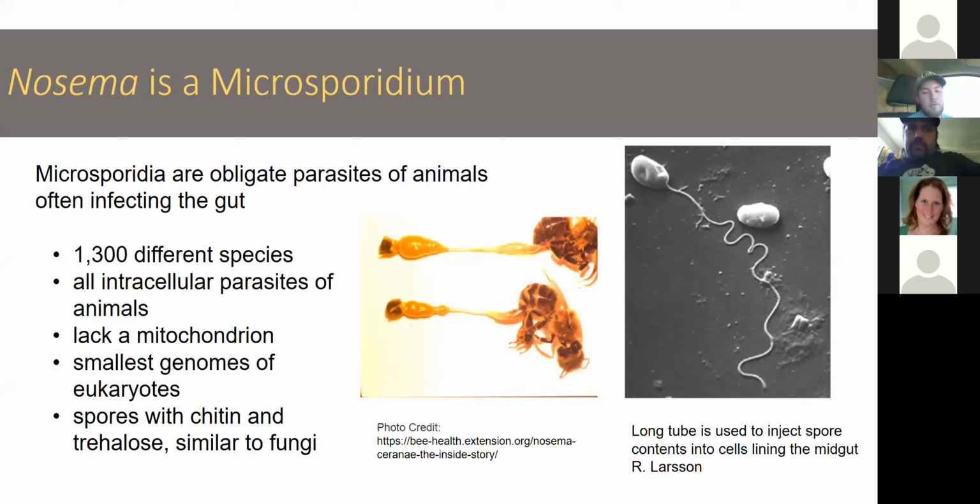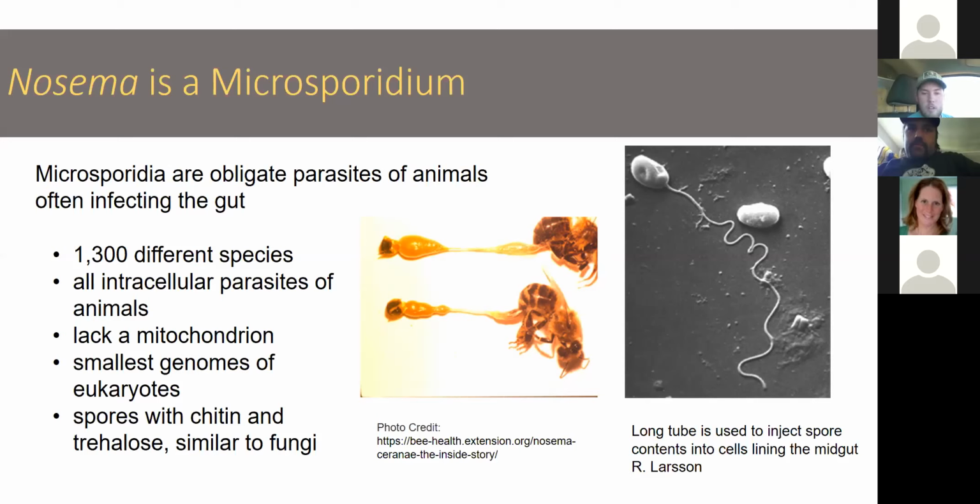They're intracellular obligate parasites as well, which affect the gut of the host. Obligate parasites cannot complete their life cycle without a host, as is the case with Nosema and honeybees.